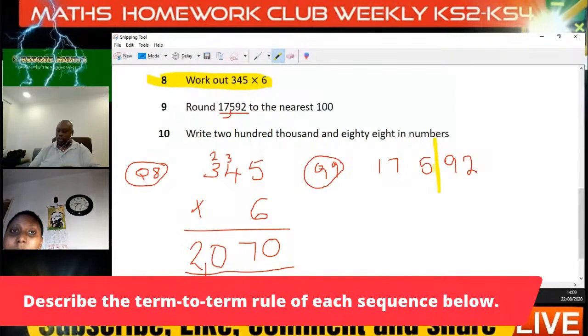So I need to round this to the nearest 100. What do I need to do? I need to look at the 10 number. If it's 5 or more, I increase the 100 by 1.